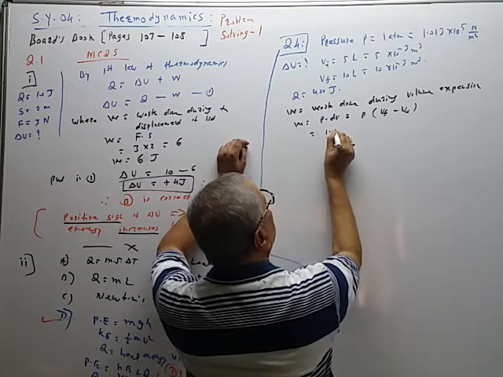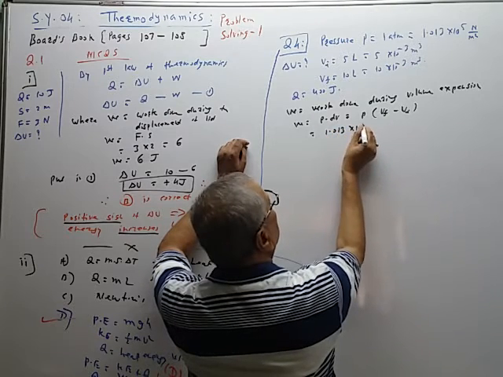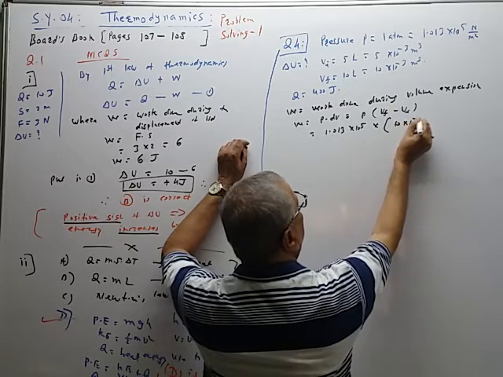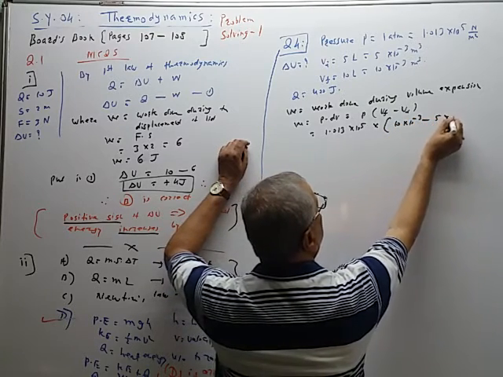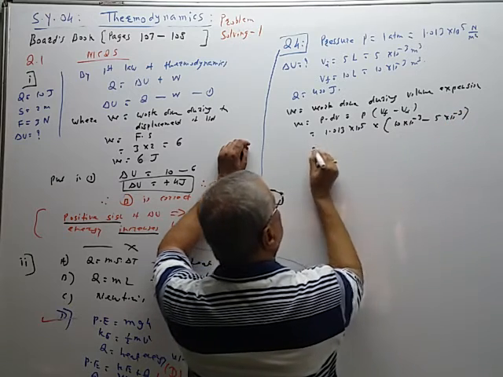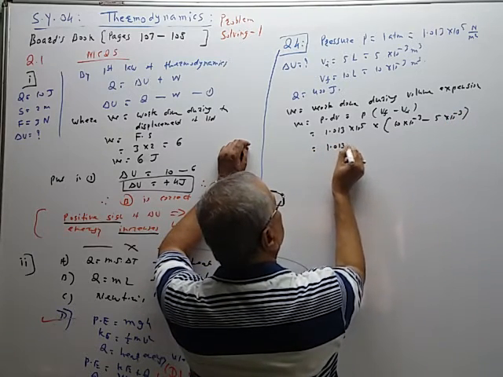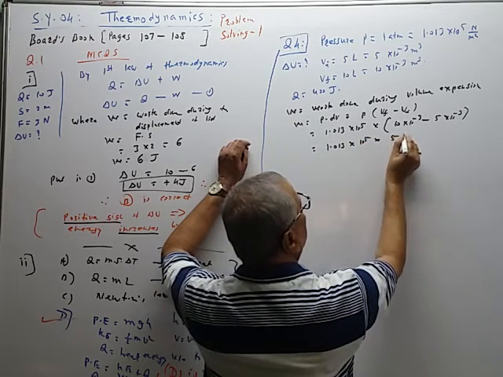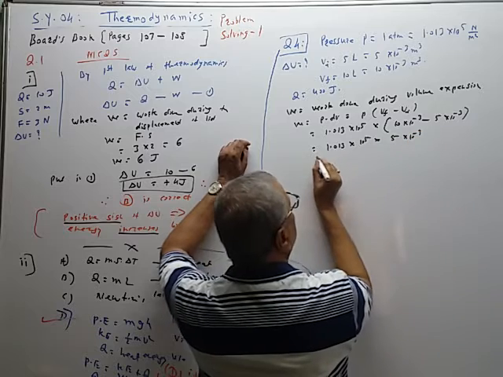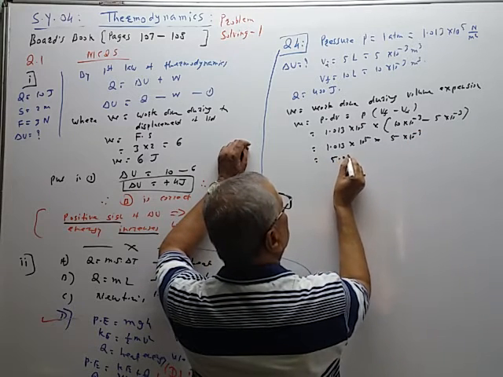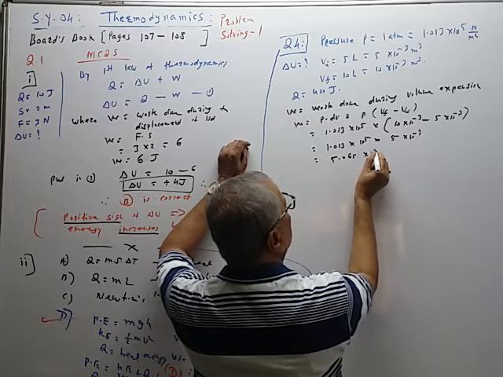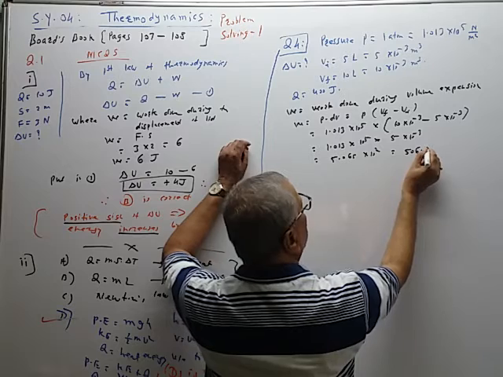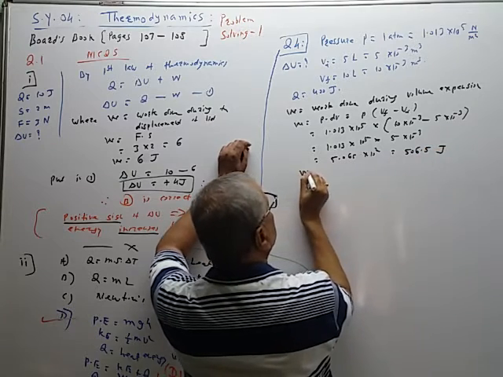So this is equal to 1.013 into 10 raised to 5 atmospheric pressure into volume 10 into 10 raised to minus 3 minus 5 into 10 raised to minus 3. So that is equal to 1.013 into 10 raised to 5 into 10 minus 5 is equal to 5 into 10 raised to minus 3. So this is equal to 5.065 into 10 raised to 2. So that is equal to 506.5 joule. So this much work is done.